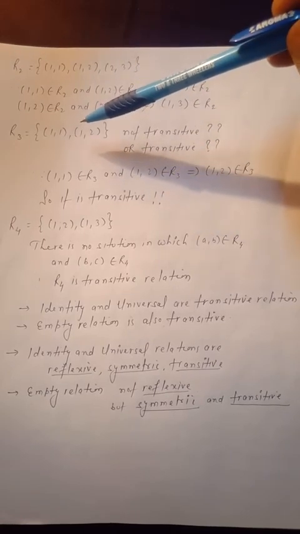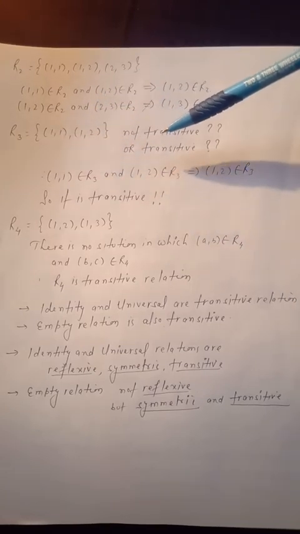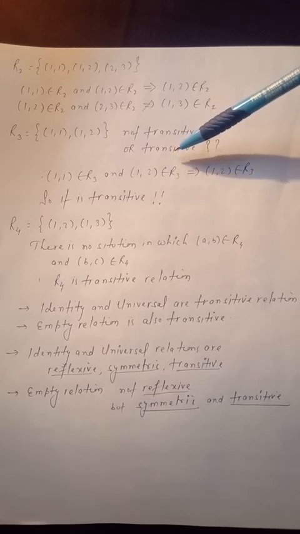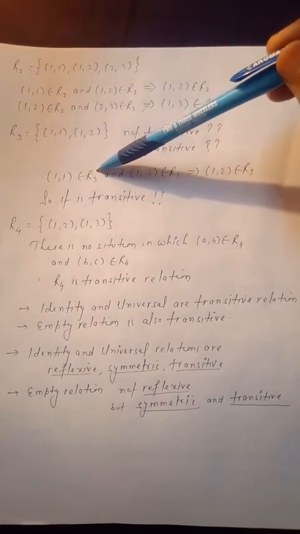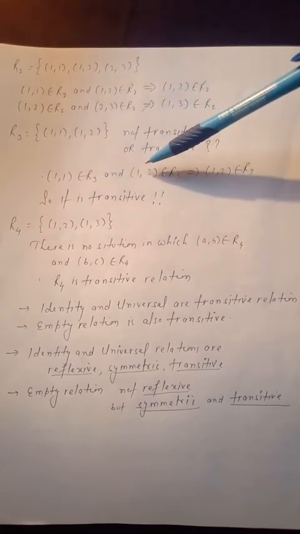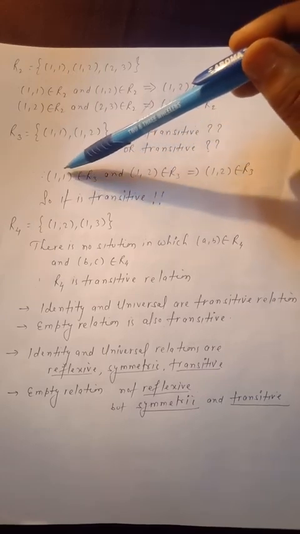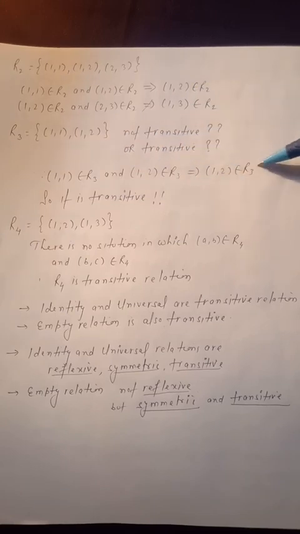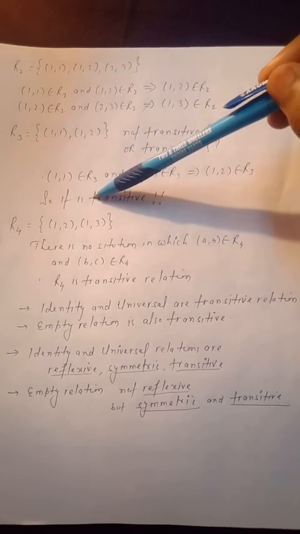Now the third one is very important. Here R3 is 1 1 and 1 2. So is it a transitive relation or not? Just remember, here 1 comma 1 is in R3 and 1 comma 2 is in R3. It means 1 comma 2 must be in R3. 1 comma 2 is present, so it is transitive.